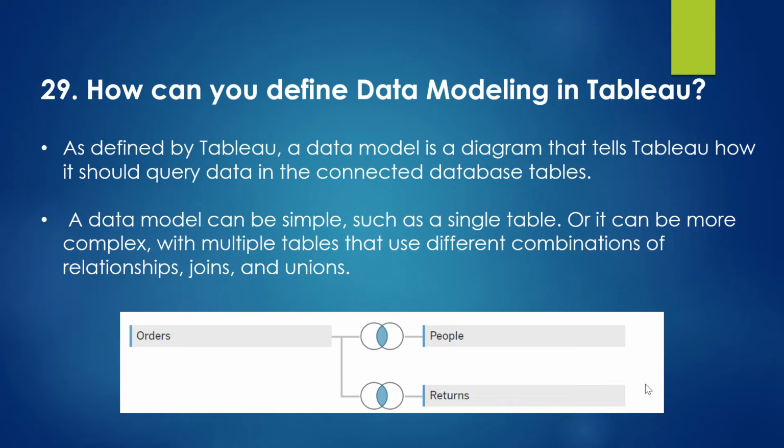And as you can see here in this image, we have joins between orders and people, and we have also another join between orders and returns. So a data model can have one table, for example, only orders, or a relationship between orders and people, or a union between different tables, and also, as you can see here in this image, we have the joins.